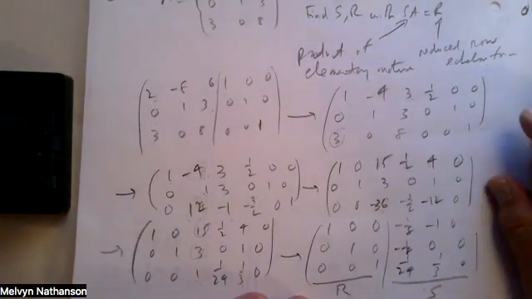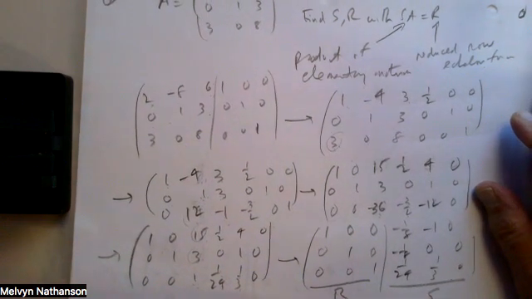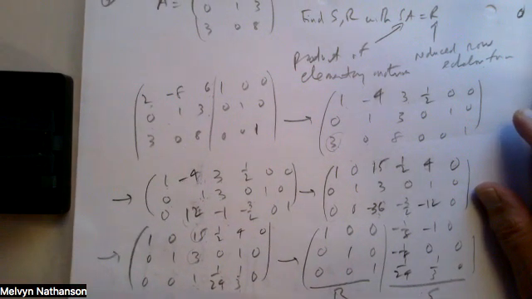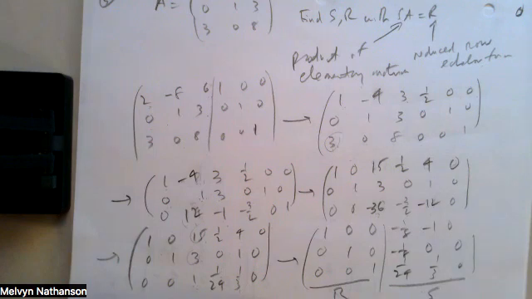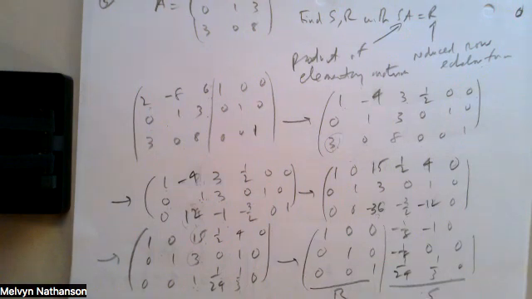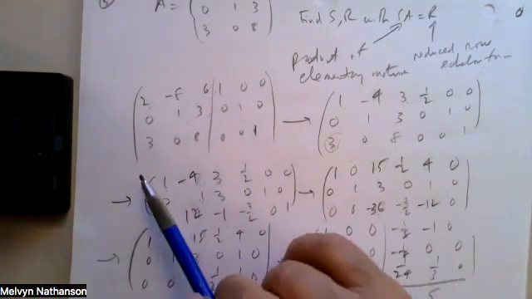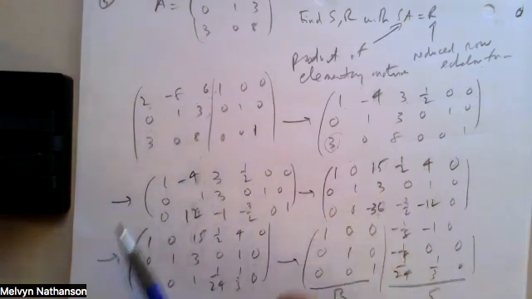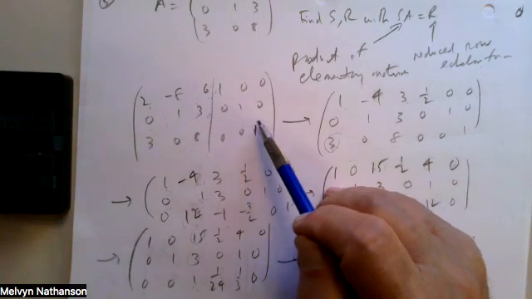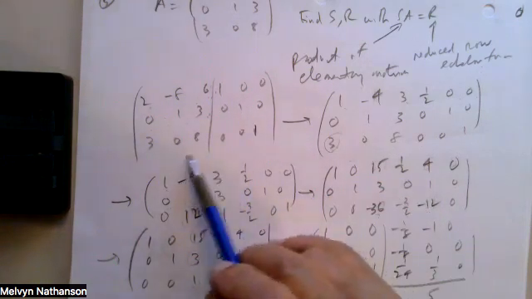So it's important to make mistakes, and it's important when you find a mistake to try and figure out what you did wrong. So my matrix A is 2, minus 8, 6, 0, 1, 3, 3, 0, 8. Then I augment it with the 3 by 3 identity, so I have this 3 by 6.